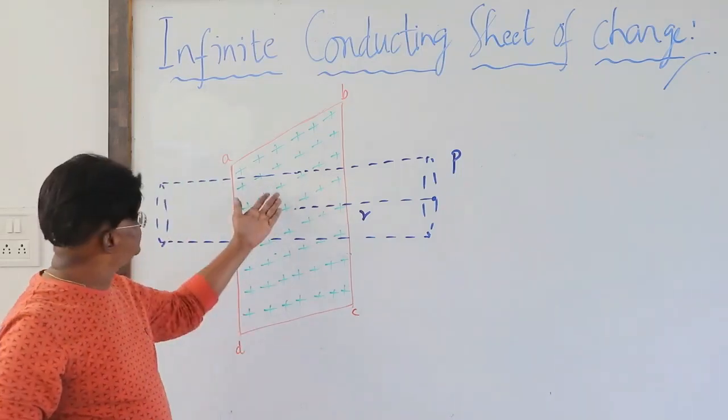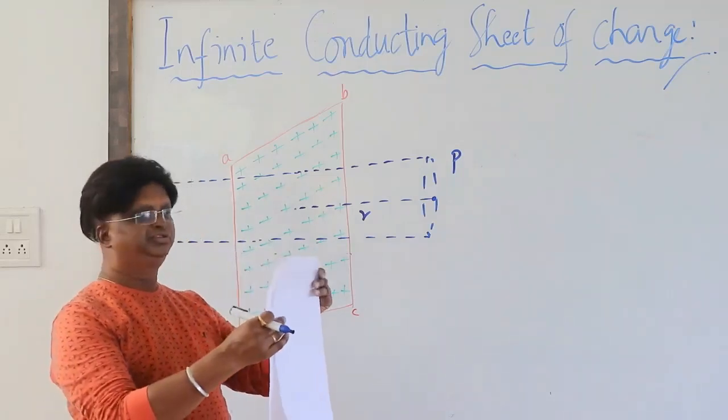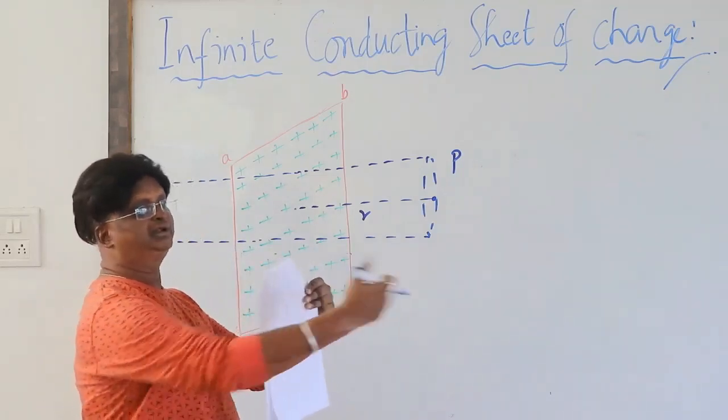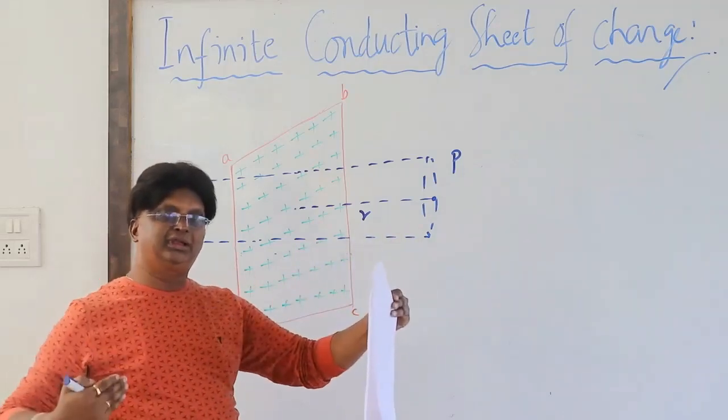Now, what is the meaning of writing this? Suppose this is the sheet of charge, which is now charged. You will have flux on either side, towards your right hand side and towards your left hand side.